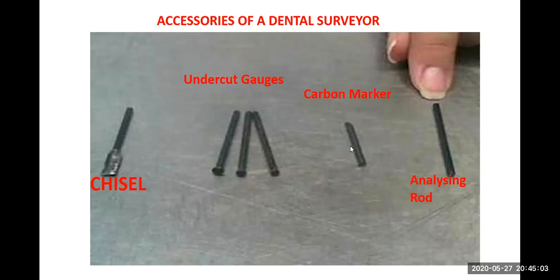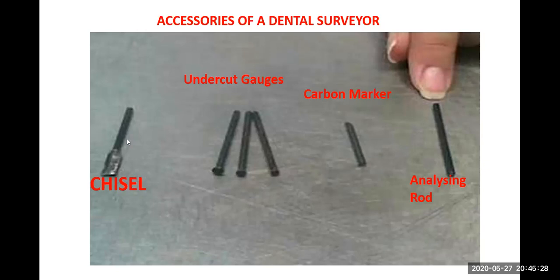Once you mark it, then you'll be able to know where the survey line is and know the undercut and non-undercut areas. The undercut gauges will help you to know the degree of the undercut, whether it is suitable to put an arm of a clasp above or below or around it. This undercut gauge will help you. The chisel helps you to do one important thing.